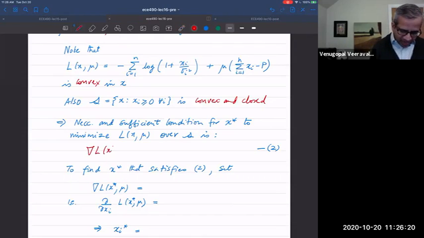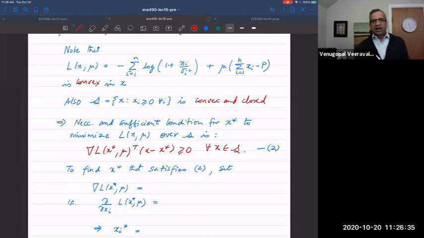If you can verify that the gradient transpose times x minus x star is non-negative for whatever solution you find, for all x belonging to S, then you're done. Of course, if you can explicitly find x star using some equations, that's nice. But in these kinds of constrained optimization problems, it may be easier to use some intuition to guess x star and then verify that it is indeed the optimum.